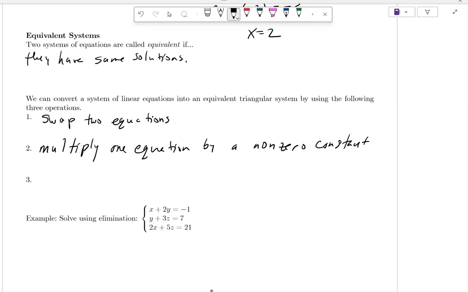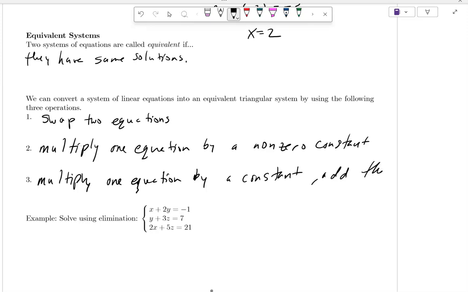All right. The third one sounds a little weird. Okay? The third one is we're going to multiply one equation by a constant, add the result to a second equation, and replace the second equation.